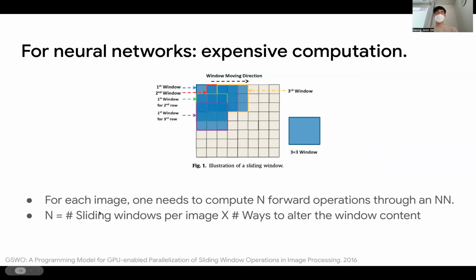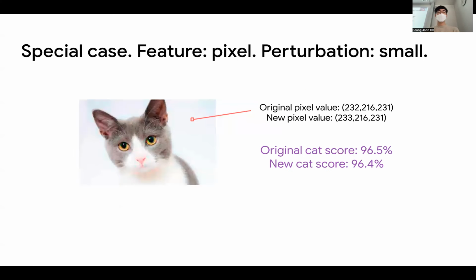You have to consider the number of sliding windows in the image, and for every missing window, you need to consider different ways of altering the content. And of course, you're not doing this for a single image probably, you'll probably do this on the fly, in real time, or for the whole data set. And that takes months and probably years.